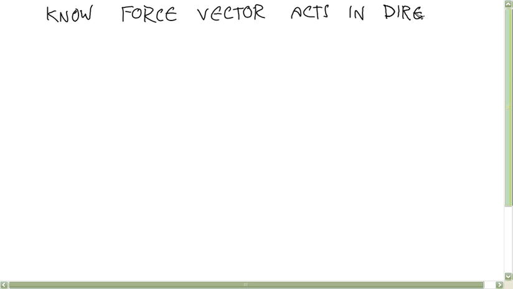Let me just sort of draw what I'm talking about up here. Okay, so we know the force that the cable is going to apply to this object acts in a direction this way, right? We know the force vector looks like that. We just don't know what the magnitude is. So what I'm going to do is calculate a vector in this direction.